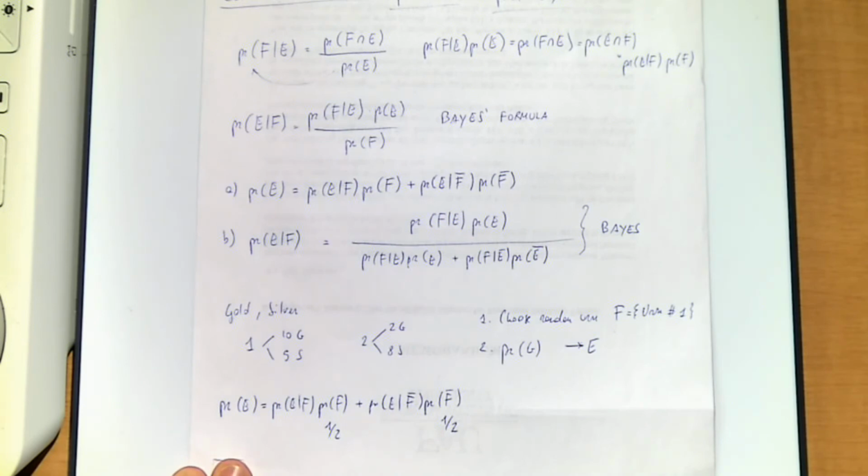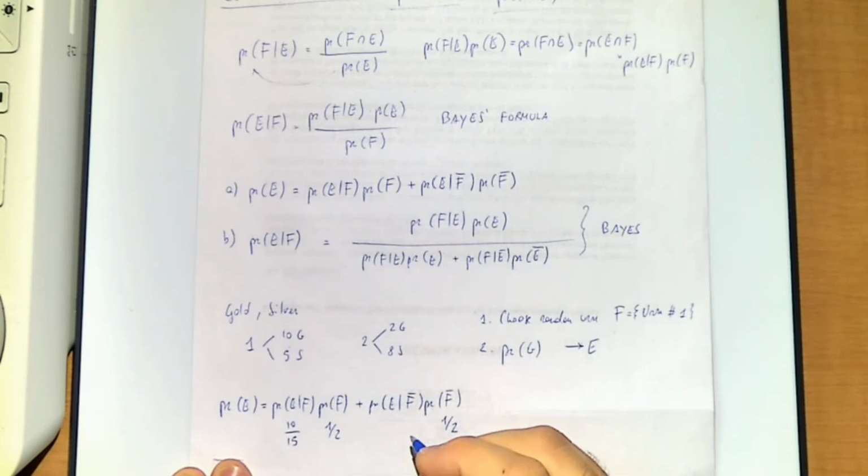Now in each case I can count much more simply. In the first case, I have a total of 15 coins, and 10 are gold, so this is 10 out of 15. In the second case, I have 2 out of 10. This makes sense now.